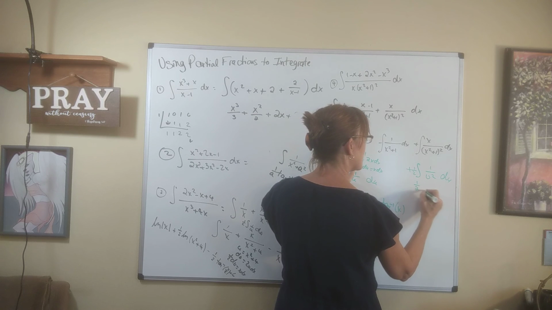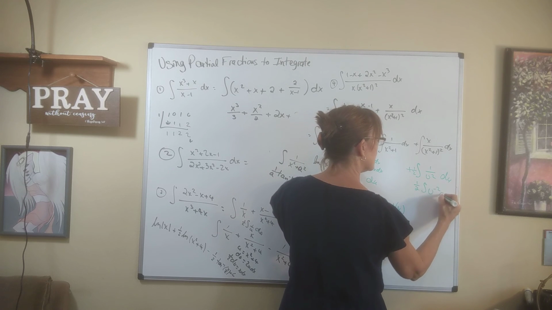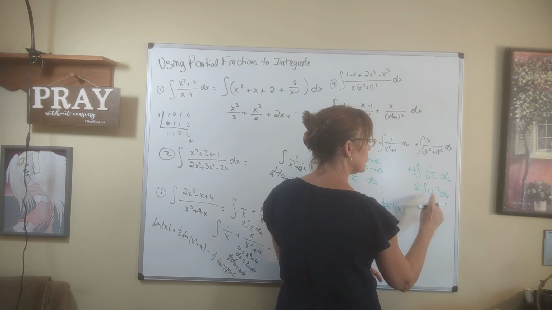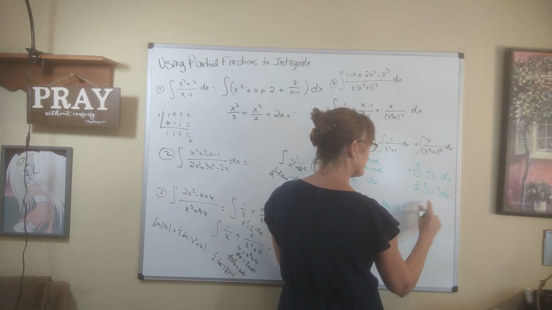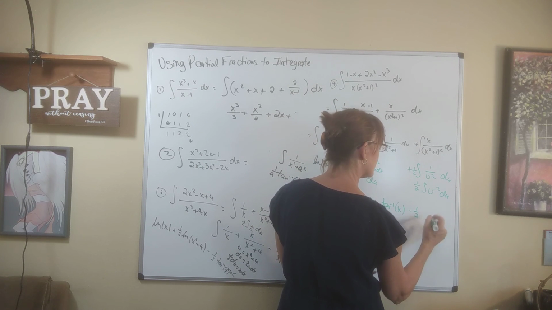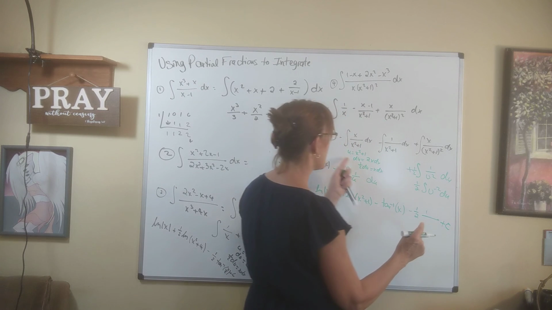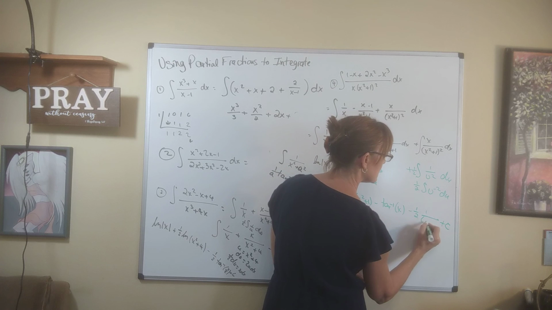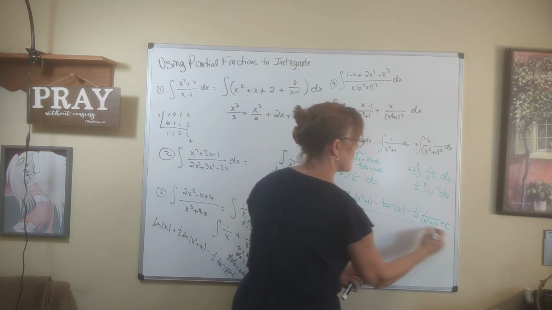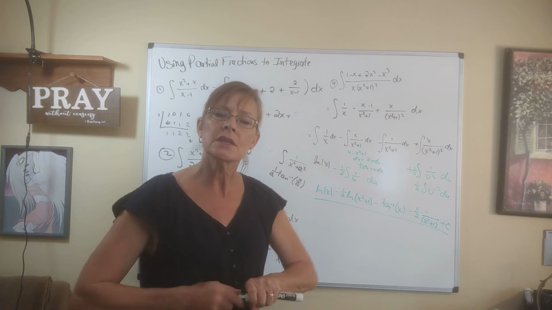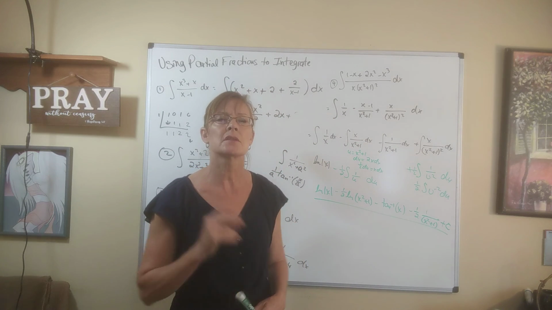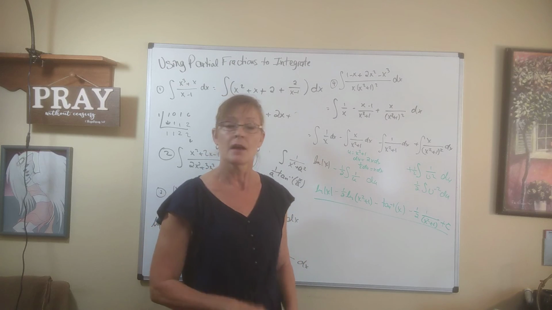So this is 1/2 u to the negative 2 du. So that's going to be u to the negative 1 divided by negative 1, or minus 1/2 u to the negative 1. But u is really x squared plus 1. So this is what we get when we integrate that. So you can see how by writing it in partial fractions, it makes it really simple to integrate. All right, that's it.